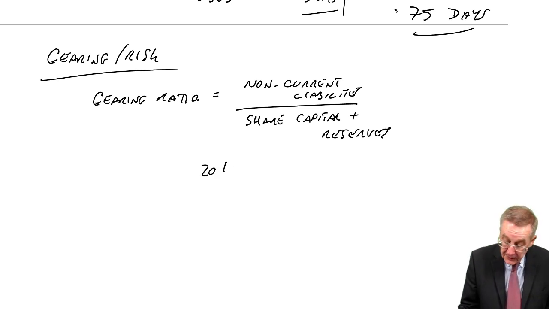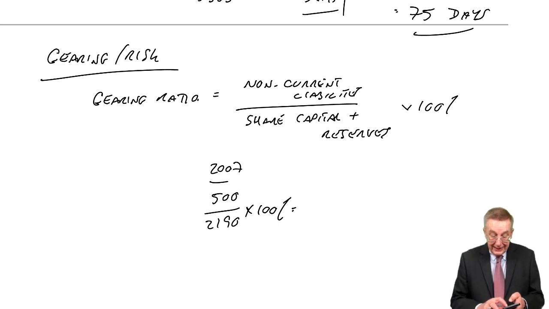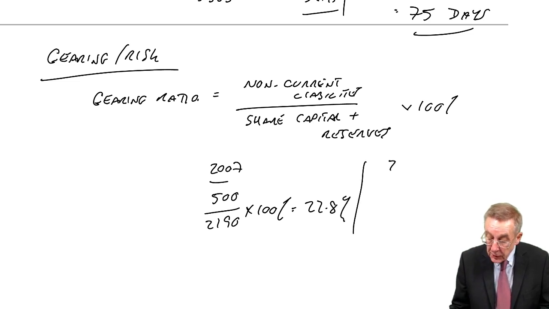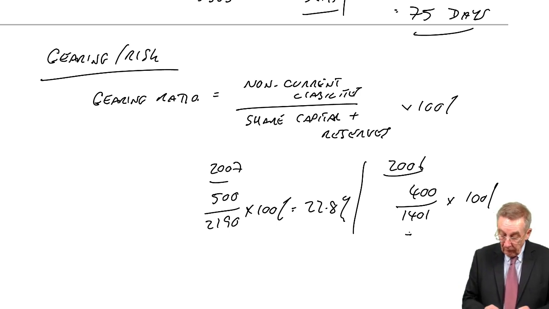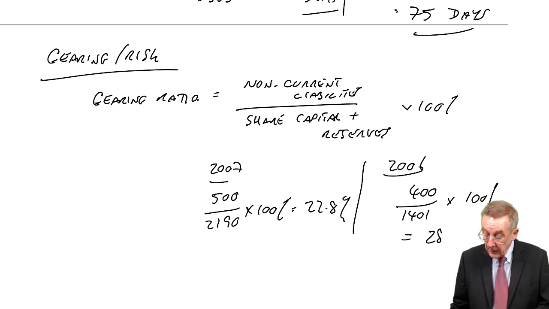Well, what's that for 2007? Non-current liabilities are 500, share capital is 2190. Which is 22.8%. In 2006, 400, 1401. 28.6%.